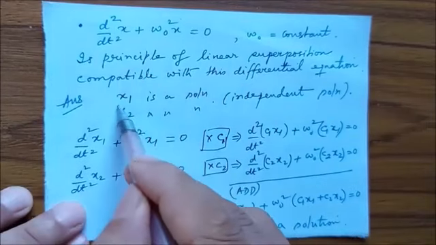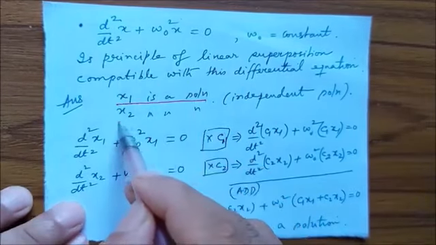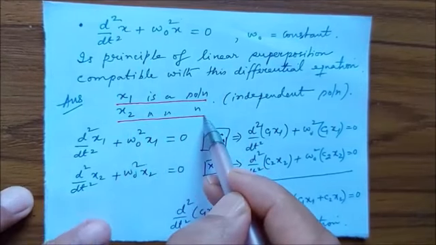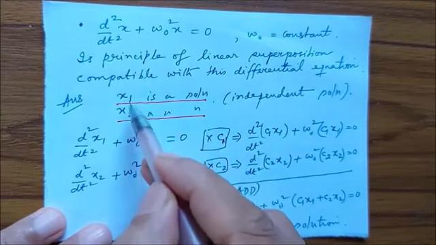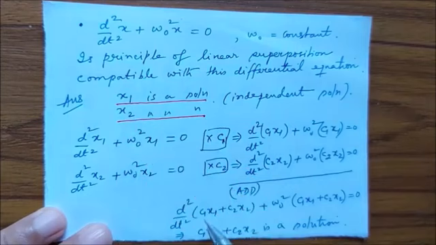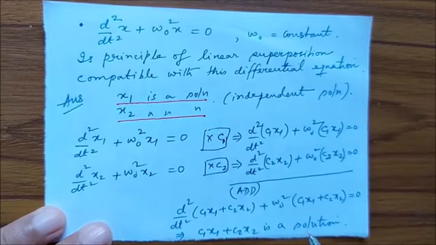So, if x1 is a solution, if x2 is a solution, then we can combine them linearly by multiplying with constants c1 and c2, after which we get this linear combination c1x1 plus c2x2, which will also be a solution.